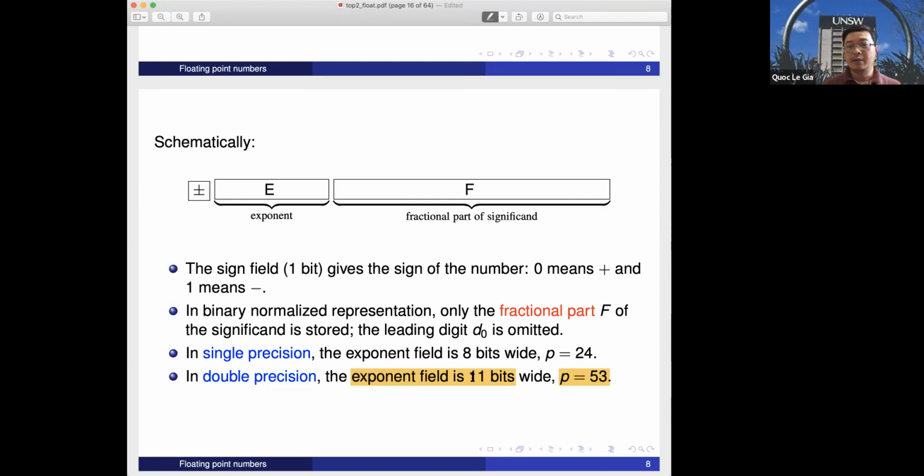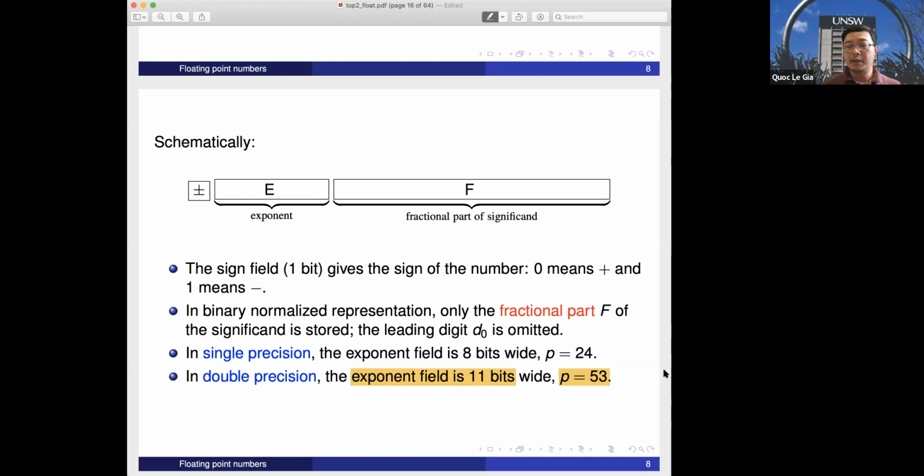So good point. If you need negative powers, then you need to store only from minus 1024 to plus 1024, something like that. So that is the min and the max exponent you can have, and you will see it inside MATLAB.